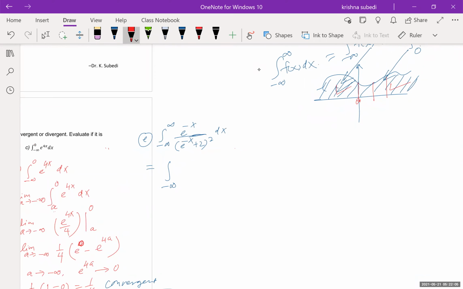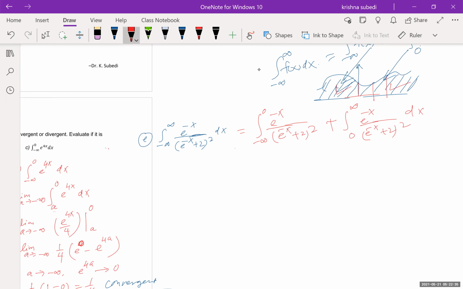So I'm going to split that into negative infinity to 0 of e to the negative x over (e to the negative x plus 2) square, plus 0 to infinity of e to the negative x over (e to the negative x plus 2) square dx. Okay.